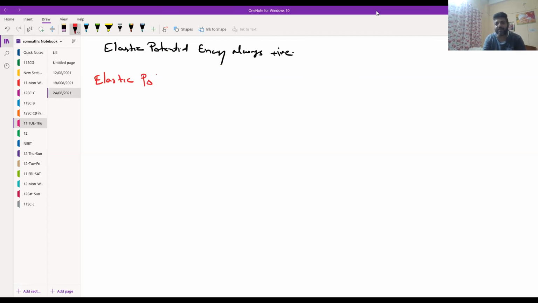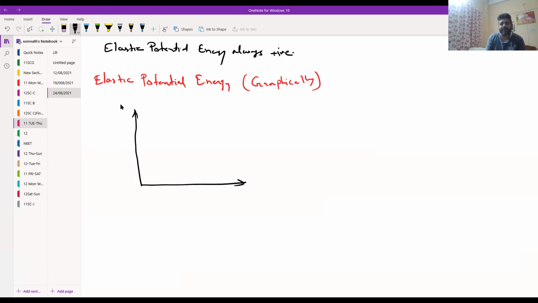Okay, just tell me one thing. Elastic potential energy graphically. So graphically, look, this is my force, this is my elongation graph, and as we know force equals minus kx, so my graph looks like this. So when x is positive, this one is negative.